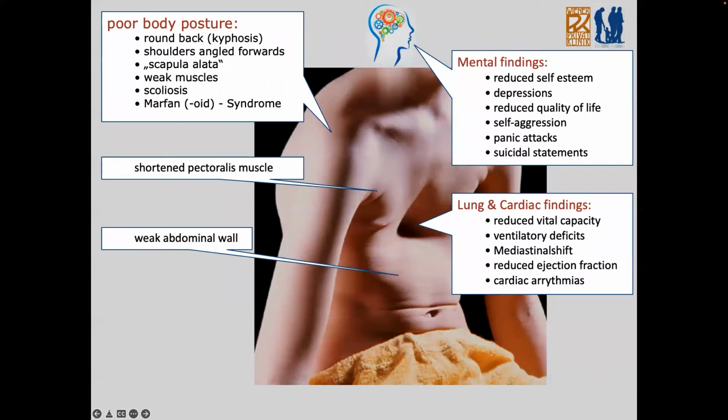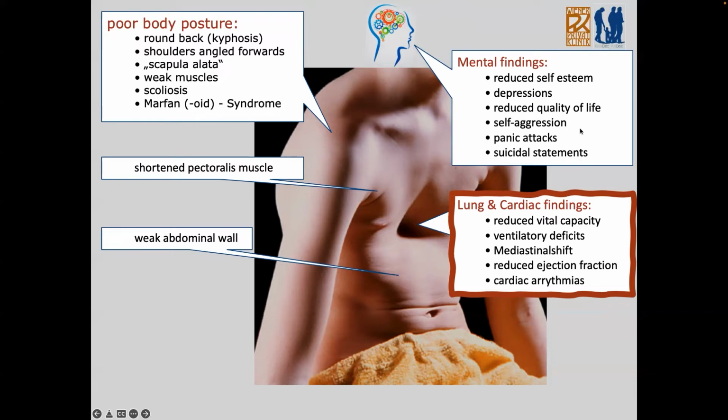On this slide, there are presented the different symptoms and morphological findings in patients with Pectus excavatum. Special importance is seen in the lung and cardiac findings: the reduced vital capacity, the ventilatory deficits, the mediastinal shift, the reduced ejection fraction, and cardiac arrhythmias.